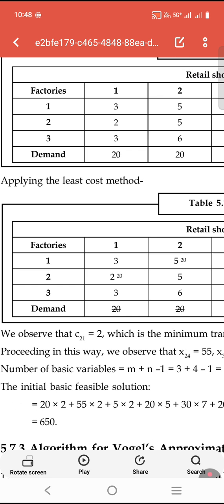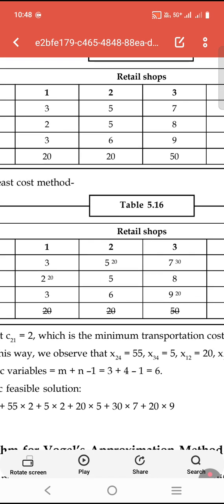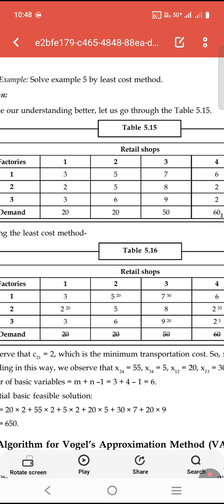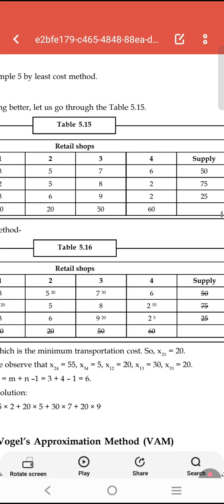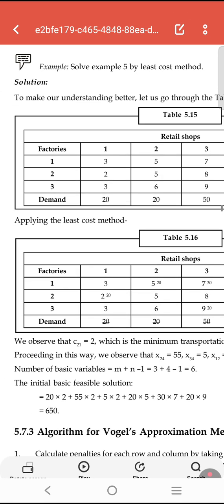In this table the minimum cost 2 appears in cells 21, 24 and 34. We select cell 21, since in this second row we have the maximum allocation, and make the allocation.